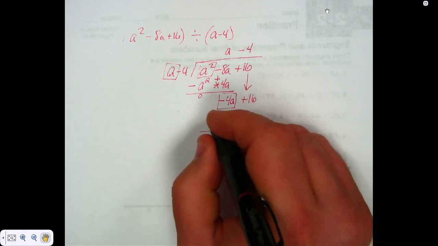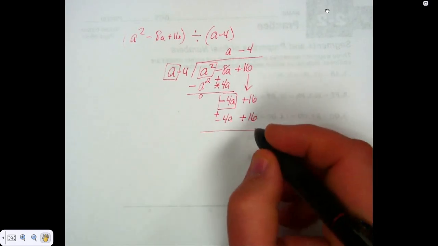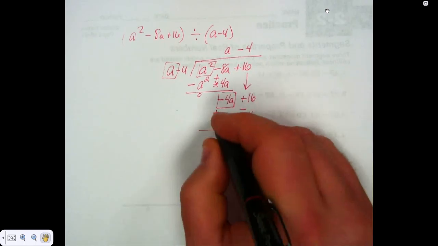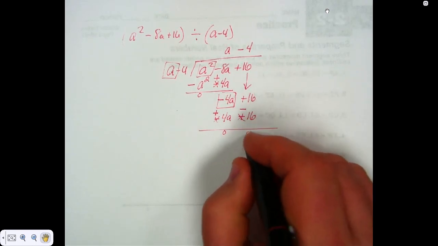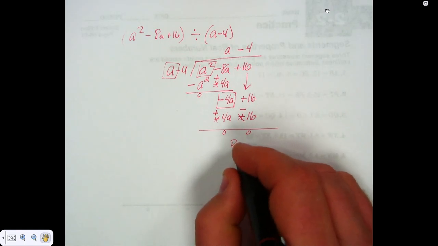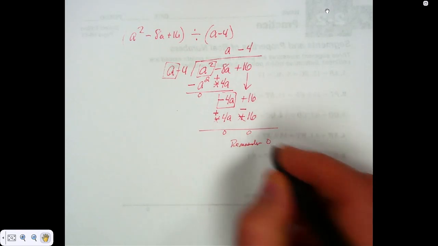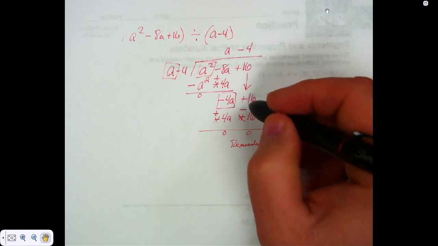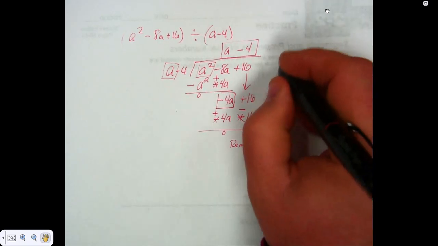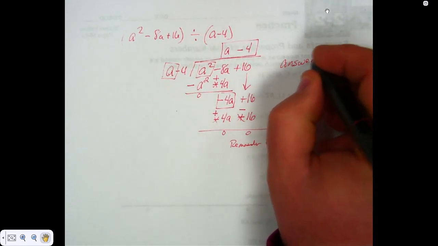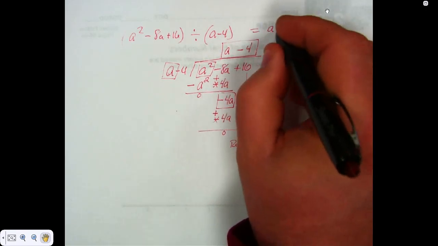When I subtract that, that changes this into a 0, and this into a 0. So is there a remainder? No, your remainder is 0 because you've brought down your last thing and you had no remainder. So your answer is a minus 4.